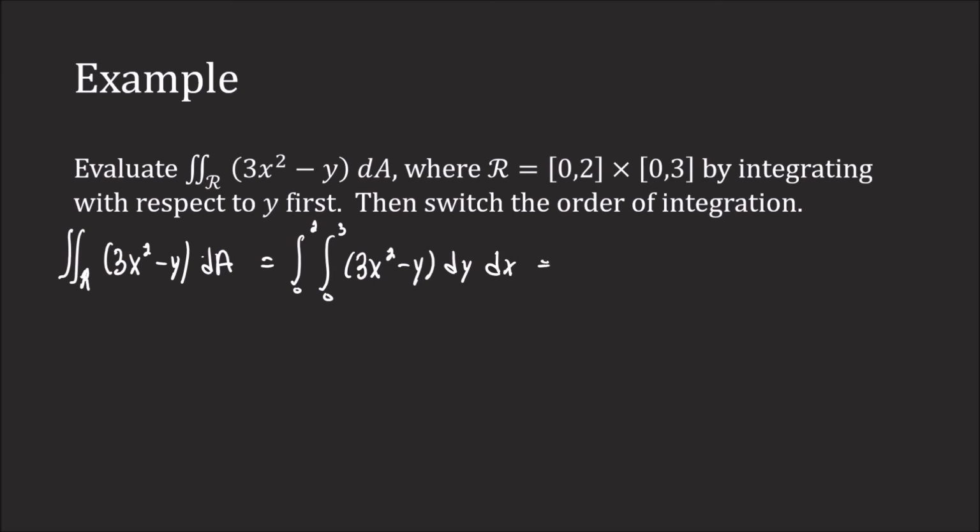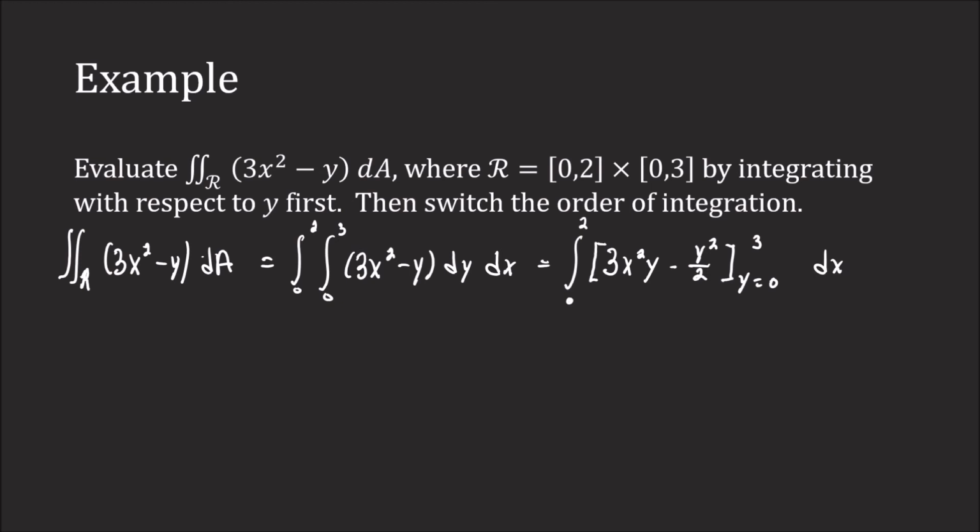So just as with partial differentiation, when you're integrating with respect to a specific variable, you will treat all other variables as a constant. So the integral of 3x squared with respect to y is 3x squared times y. And then we'll have minus y squared over 2. And this is evaluated y equals 0 to 3.